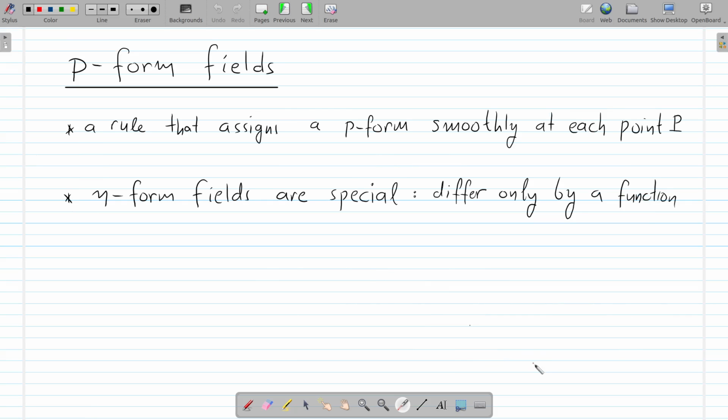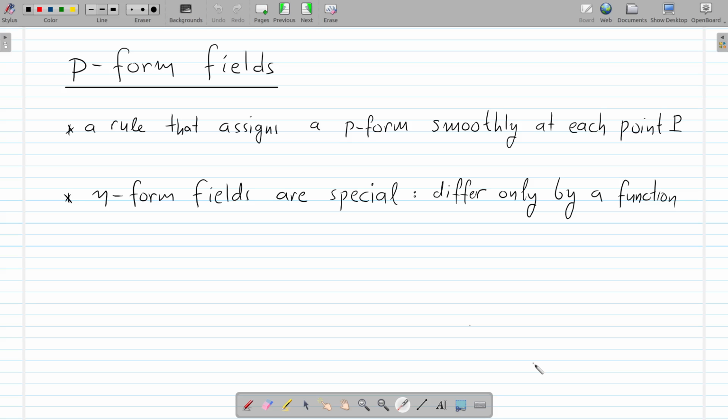Since we have defined p-forms on any point of the manifold M, now if we make this construction smooth over the whole manifold, then we can have p-form fields. Notice that n-form fields are special, since at every point 2 n-forms are proportional to each other.